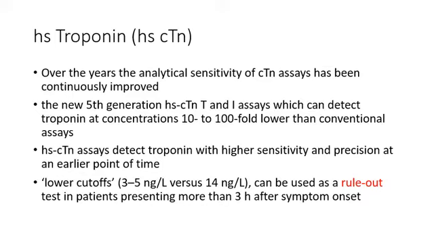Nowadays we can do that, and troponins may be found in normal populations. So the fifth generation of cardiac troponin assay can detect troponins 100-fold lower than the actual method that is available.